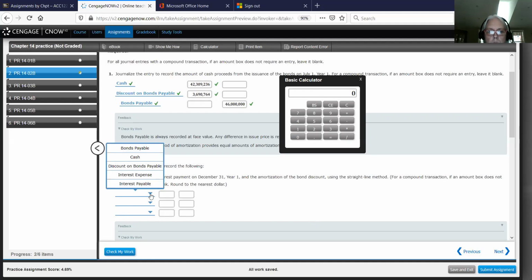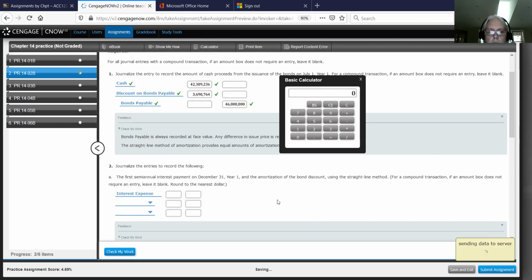First of all, we're going to be debiting interest expense because we're going to have to pay interest to our bondholders. The amount of the interest expense, and it's calculated on that spreadsheet, is going to be 46 million, the face value, times half of the contract rate or the stated rate of interest.